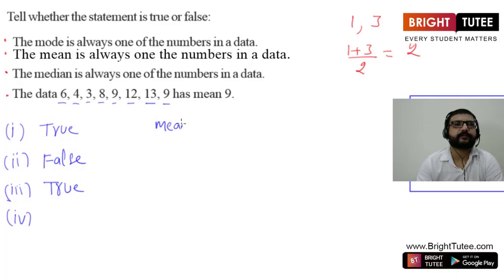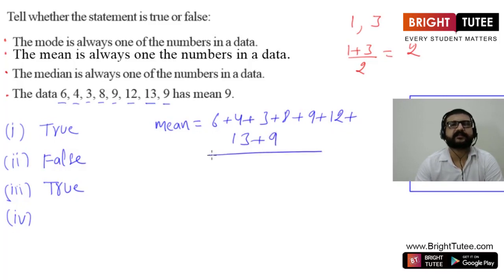Now as we know, mean is equal to sum of the observations divided by number of observations. So it will be 6 plus 4 plus 3 plus 8 plus 9 plus 12 plus 13 plus 9, and this will be divided by 8 because the total number of observations are 8. Now let's simplify this.